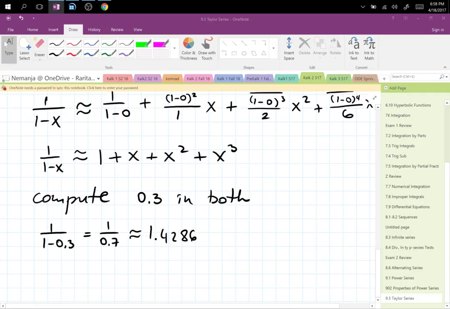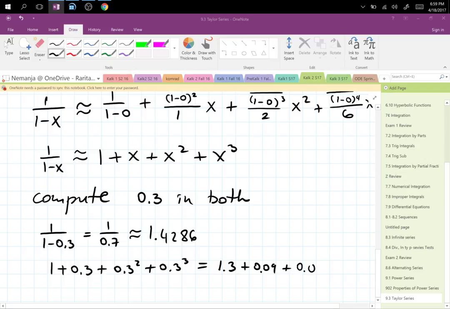Now compute the other side. It would be 1 plus 0.3 plus 0.3 squared plus 0.3 cubed, which is 1.3 when you add the first ones, plus 0.09 plus 0.027.